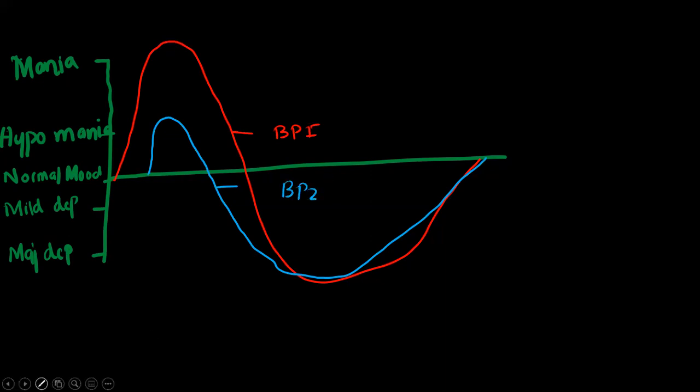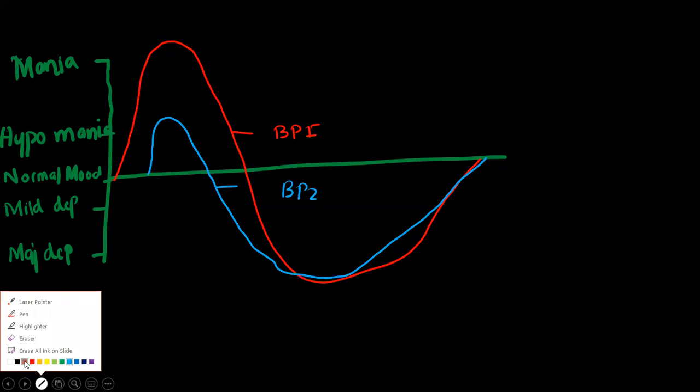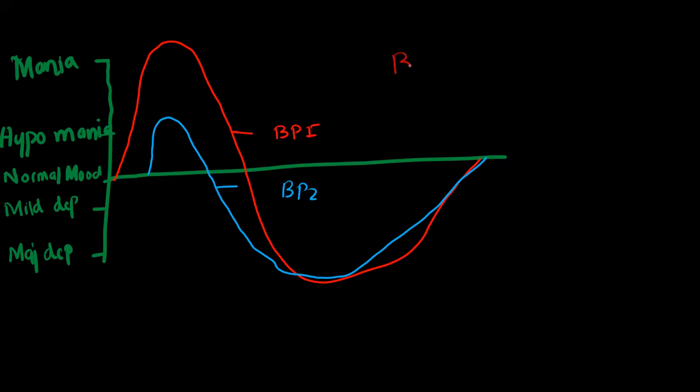For making the diagnosis of bipolar 1 disorder, we just require a manic episode. The major depressive episode is not required for making the diagnosis. Although in the majority of patients the manic episode is accompanied by a major depressive episode, for the diagnosis we require only a manic episode.